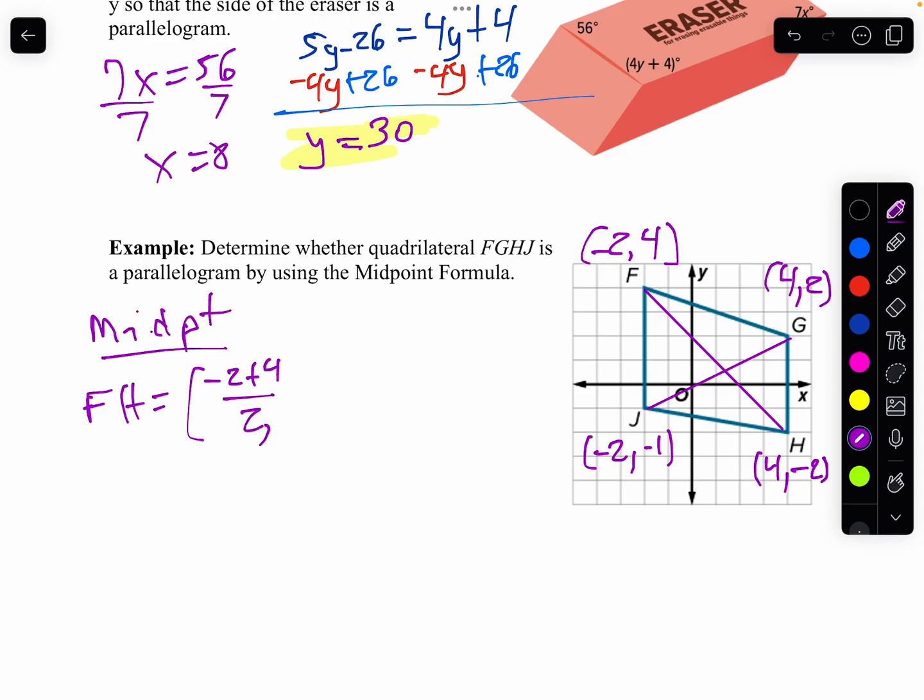Add up my y's, 4 plus negative 2, and divide by 2. Negative 2 plus 4 is 2, and 4 plus a negative 2 is also 2. So I get 1, 1.